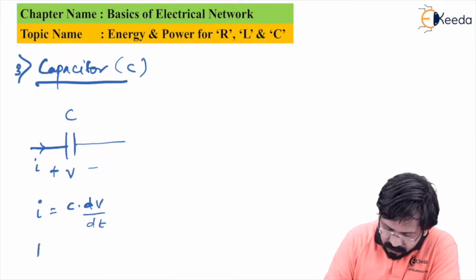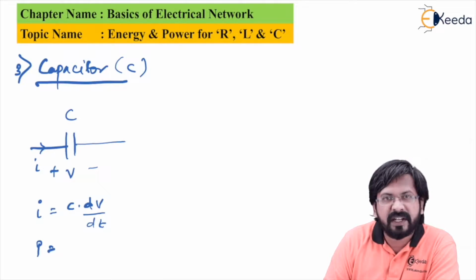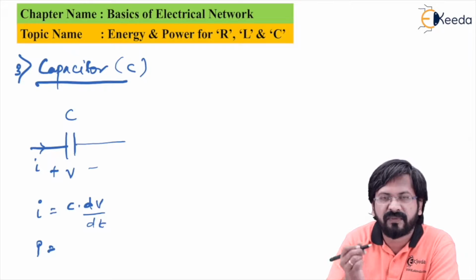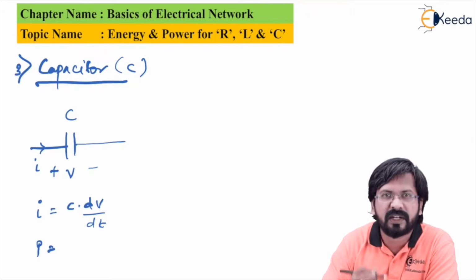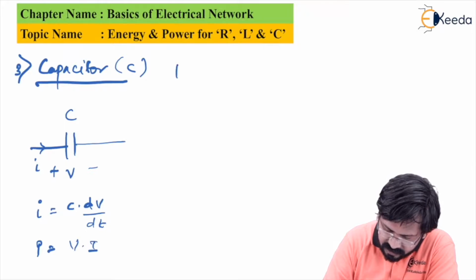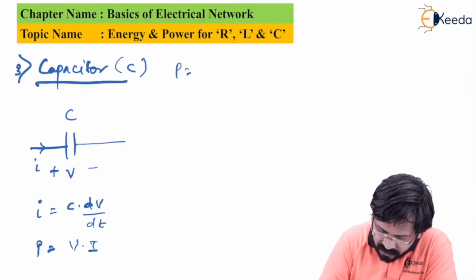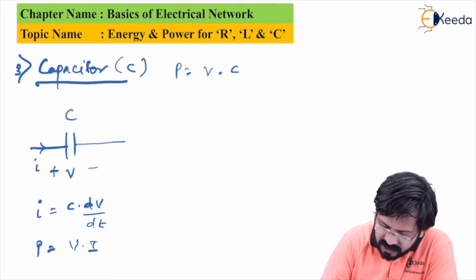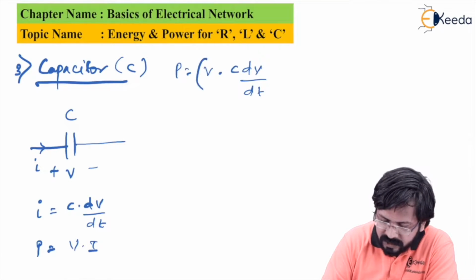Again, power relation for capacitor can be found out by having a product of voltage across capacitor and current through the capacitor, which is V into I. In this case, P is equal to the value of V, but the value of I can be replaced as C into dV by dt. So what is the unit for this?